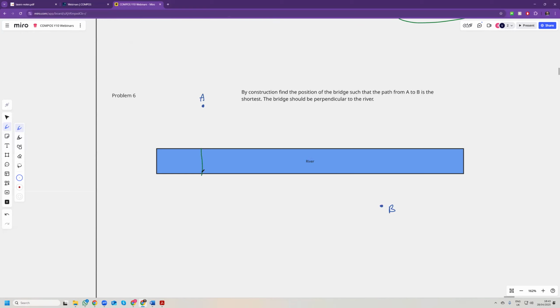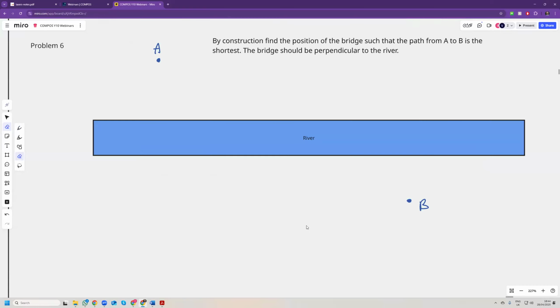If you build a bridge here, you would have to walk like this and then like this, which is probably longer than walking like this, building a bridge, and then walking like this. So there is an optimal path.